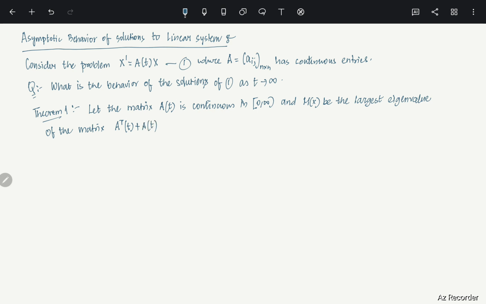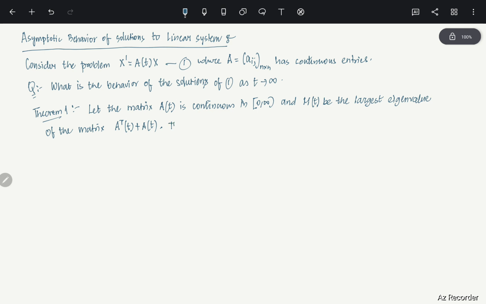So basically I am looking at the matrix A(t) plus A transpose(t), and we are assuming that m(t) is the largest eigenvalue of that matrix. Clear? Of course, A depends on t, so the eigenvalues will also depend on t. We are assuming m(t) is the largest eigenvalue. Clear?